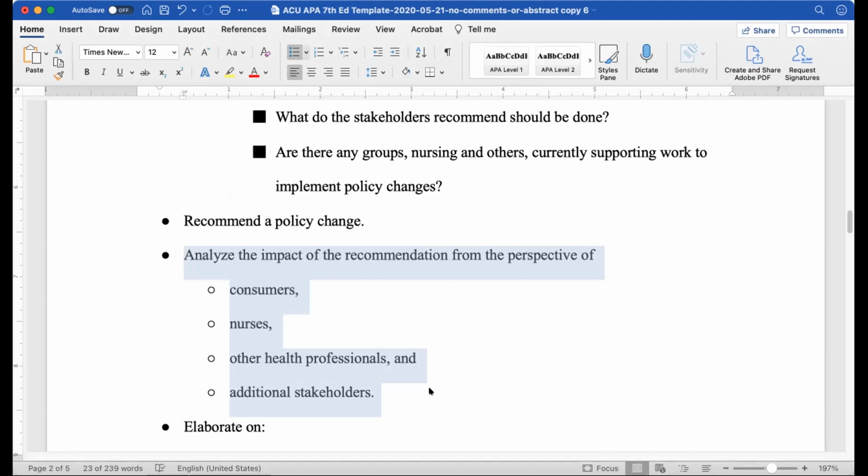So, all right, consumers, nurses in particular, other health professionals, and additional stakeholders. In my time at the Boston Medical Center, that is a center that was formed essentially by merging the School of Public Health, the School of Medicine, and the School of Dentistry at Boston University with Boston City Hospital into this elaborate entity.